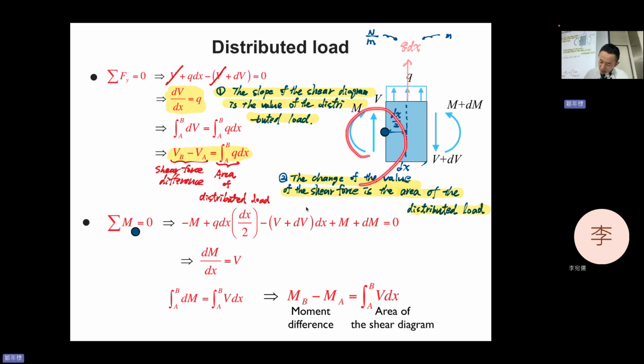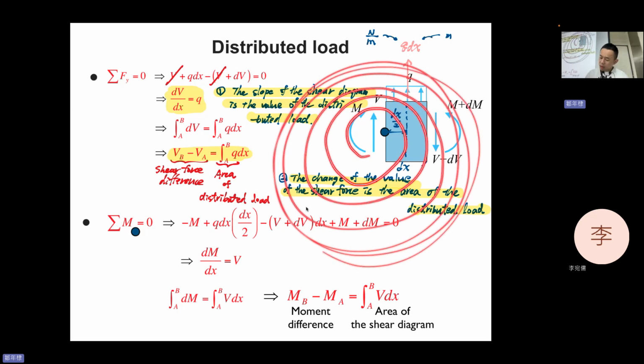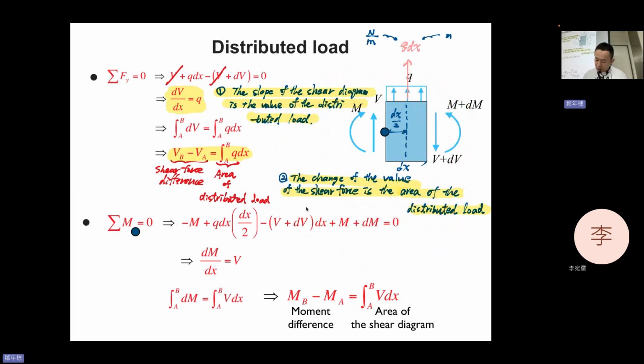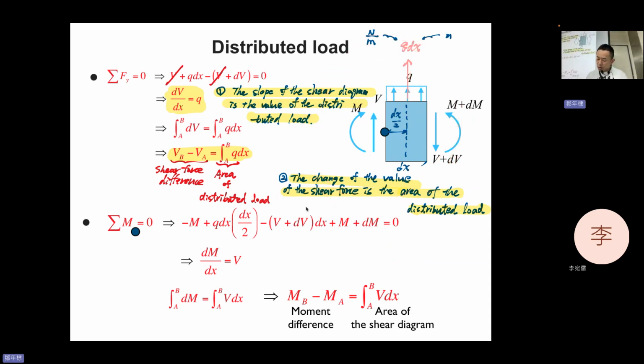This one M, clockwise is minus, so minus M. And q counterclockwise positive, positive q dx times its moment arm dx half.